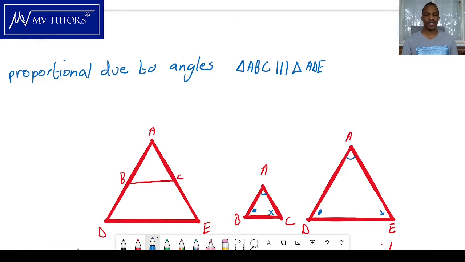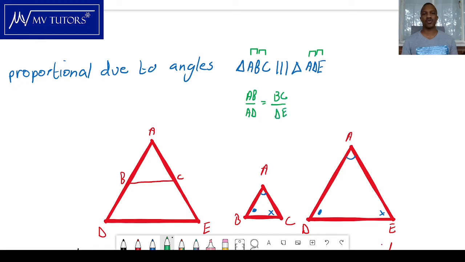Okay, this should be such that you can literally say from here, just using the similarities, you can say AB over AD, just to use it practically, is equal to, you're doing the proportionality, BC over DE.